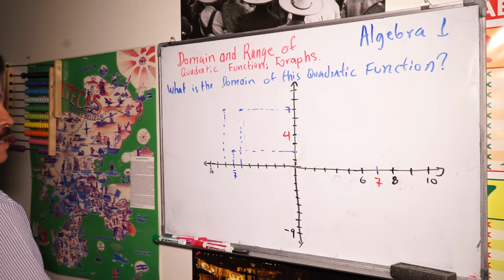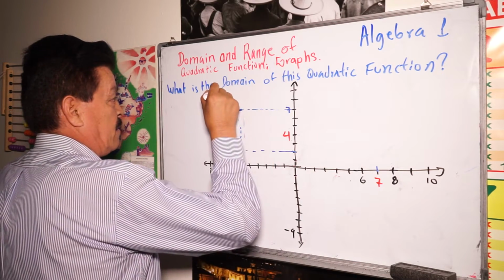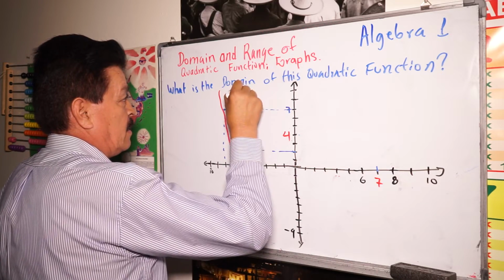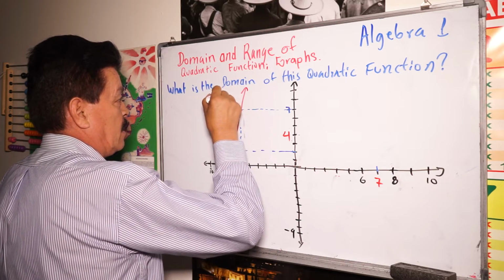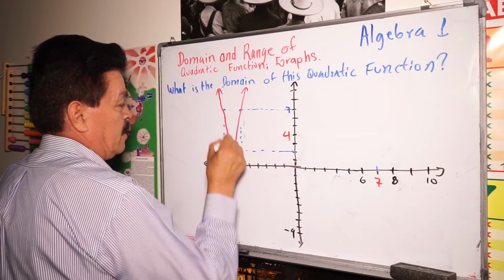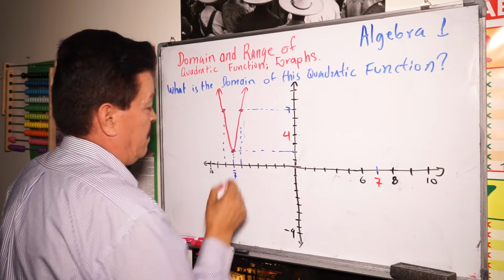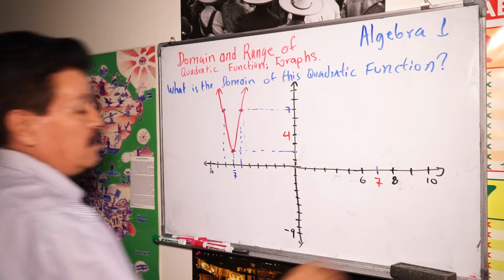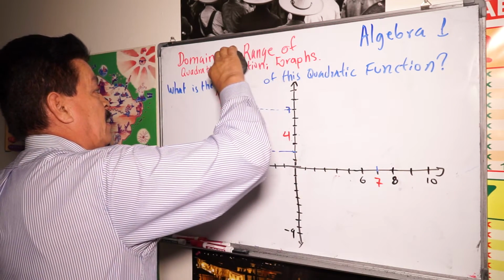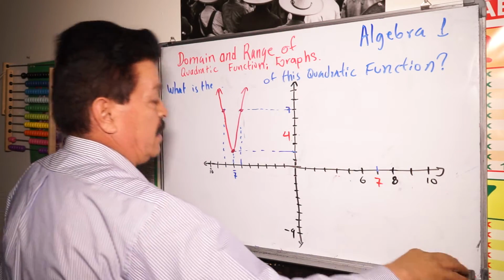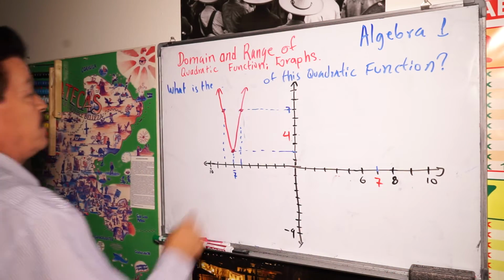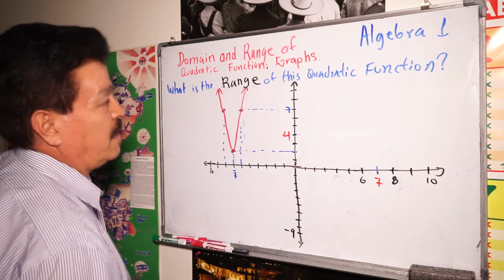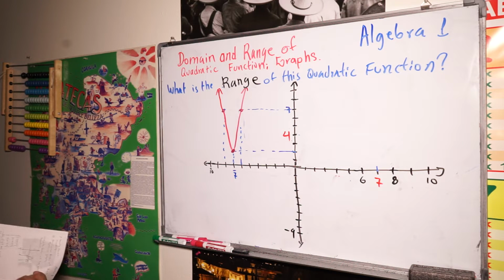This graph is different from that one. This graph is running like this, okay? So now I change the question. What is the range of this quadratic function? Where is the range?